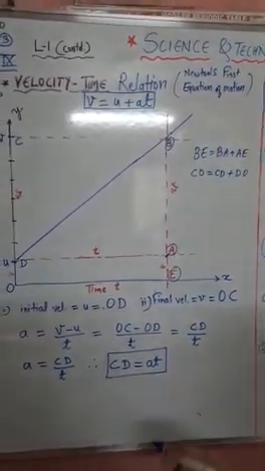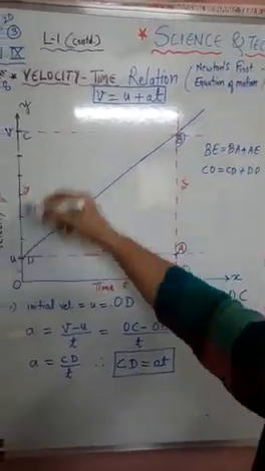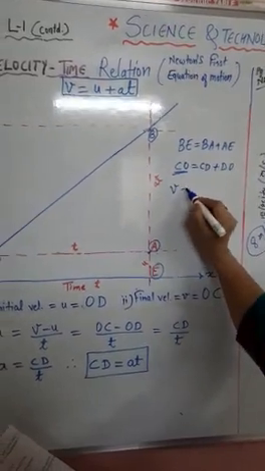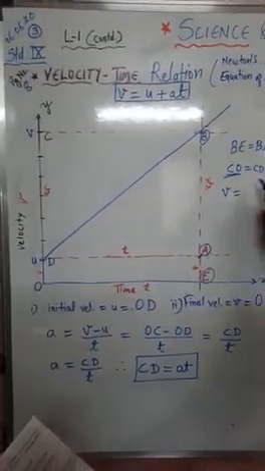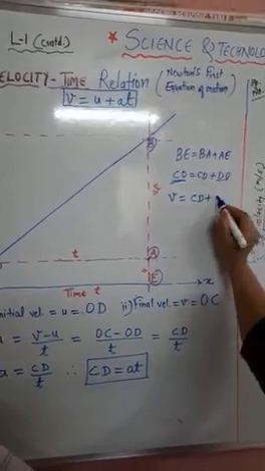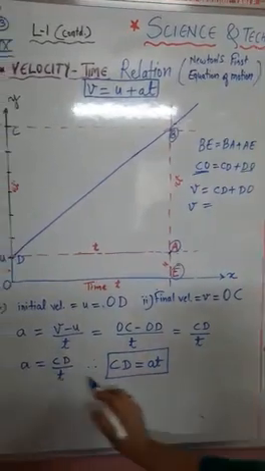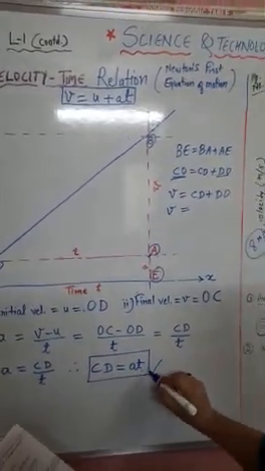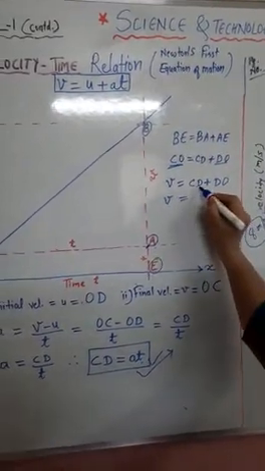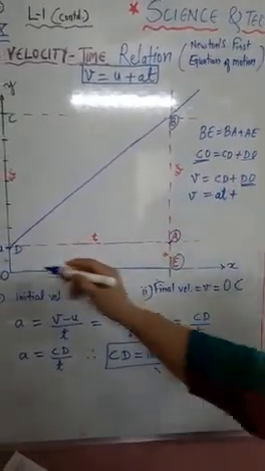Now we have the value of this CD. OC is velocity, so we get v equal to CD plus DO. We have the value of CD, which is at, so instead of CD we write at plus OD. What is OD?